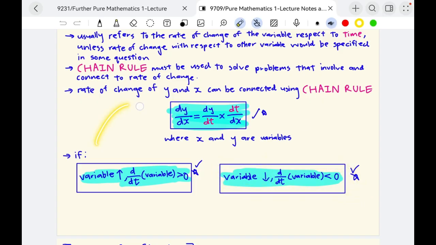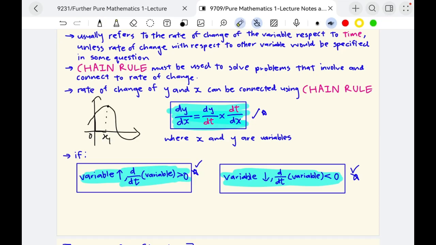Like the change in the x-coordinate. Showing the graph over here, let's say I want to determine the rate of change of y when the x-coordinate is increasing from 0 to x1, the peak.